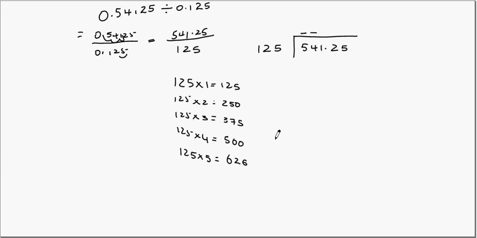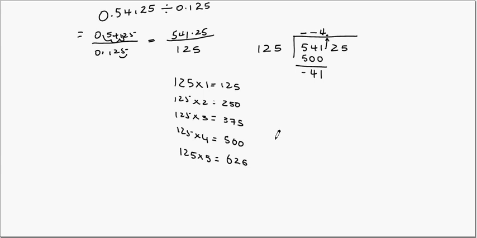So you could go 4 times. So you write the 4 here. And then you say 4 multiplied by 125 is 500. So you write it back underneath here like this. Good so far? Then you subtract it, and you get 41. Good? But the thing about division is that wherever the point is, we have to move that point up.